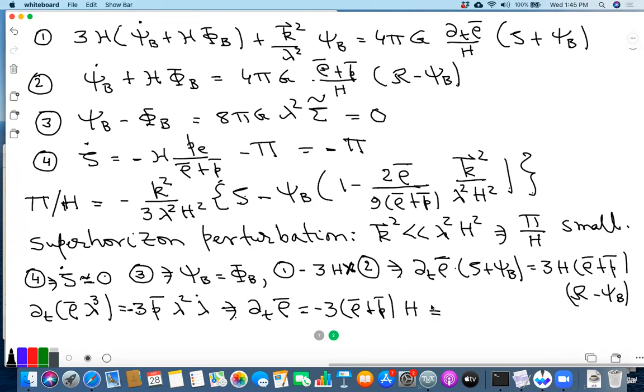So this implies that zeta plus psi b is minus r plus psi b, or in other words, zeta equal to minus r. So the fact that zeta dot is 0 implies that r dot is 0.